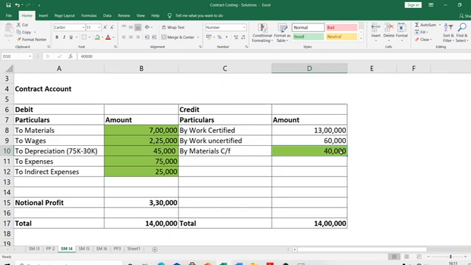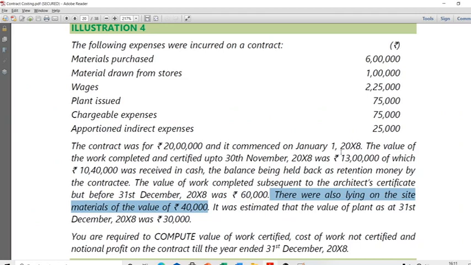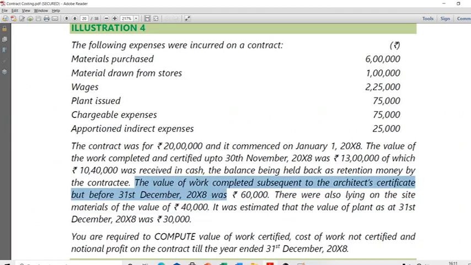Now, the value of the work completed. Okay, let me go to the certification of work here. The value of the work completed and certified up to 30th November 2018 was 13 lakhs, of which 10 lakh 40,000 was received in cash, the balance being held back as retention money by the contractee.